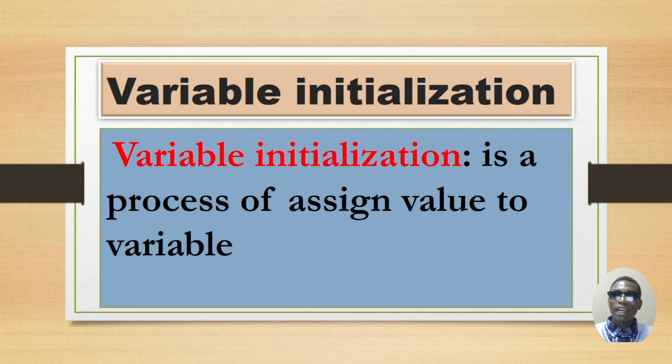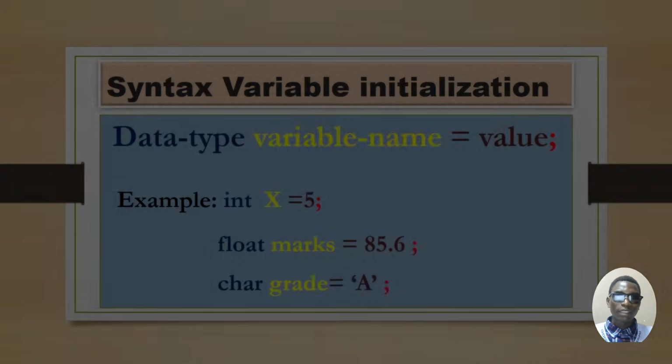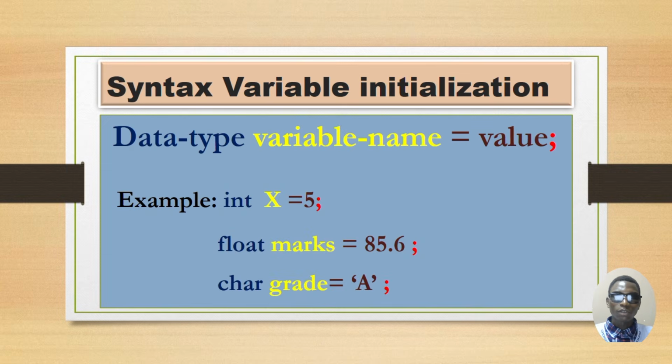That task is what you call variable initialization. As you can see here, this is the syntax of variable initialization. We start with the data type, then the variable name, and we use the equal sign to assign a value to that variable. Equal, then the value here. Do you see?